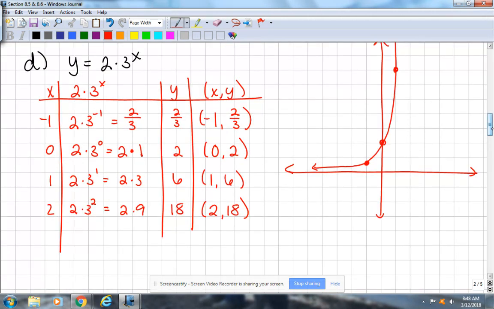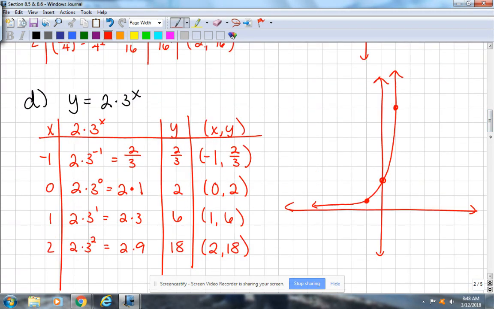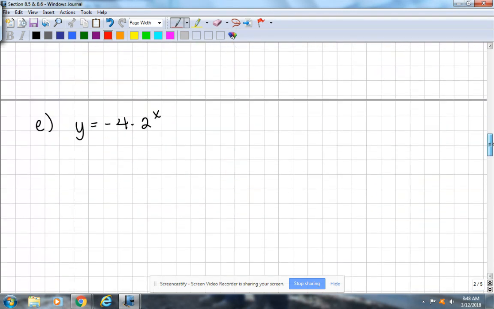Oh, domain and range. What's the domain? All real numbers. What's my range? What has to be above zero? Above zero. Y has to be above zero. Very good.